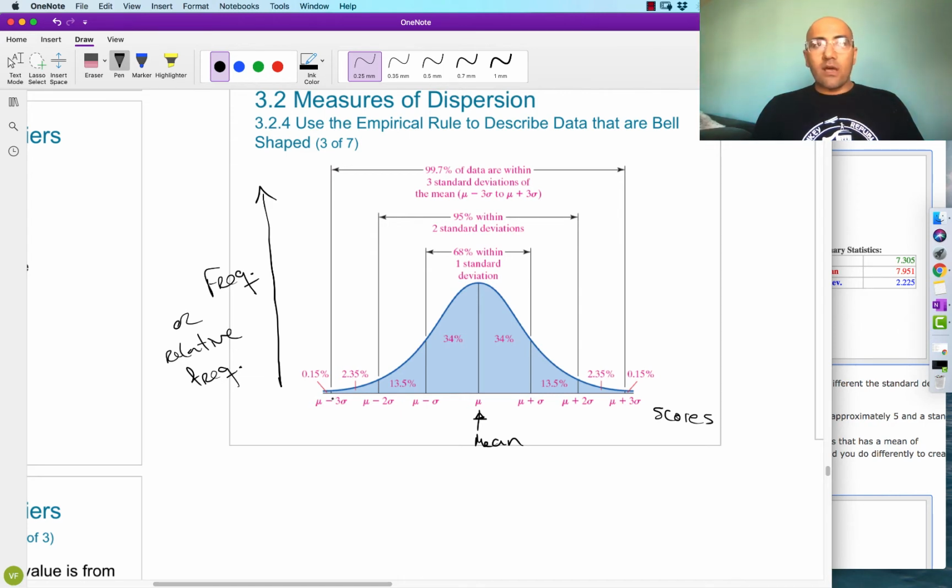Is that a good thing or a bad thing? Well, it depends on what we're talking about. If we're talking about IQ scores, you would like a very large number. That means I'm really smart compared to everyone else. But if you're talking about something like lap times, let's say I'm racing a 100-yard dash and want to see how long it takes me.